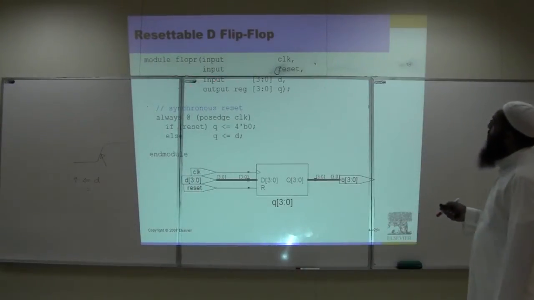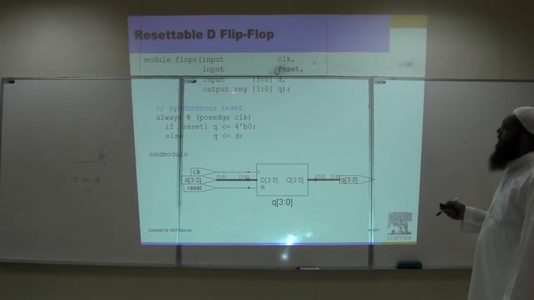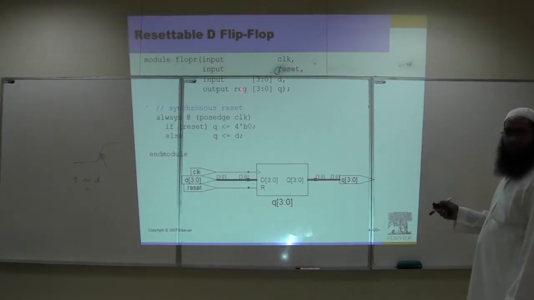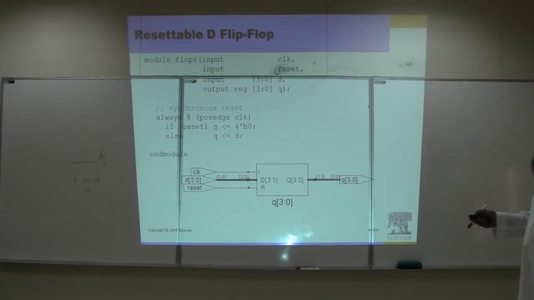Another one is here, input is D, and as I told you, output is Q, but we need to put a reg because inside the always block, Q is on the left of the assignment. So here synchronous means always at the clock edge.